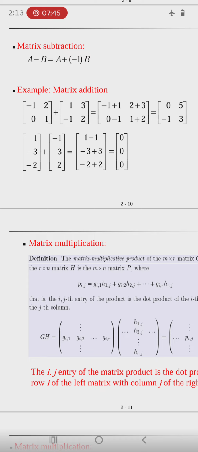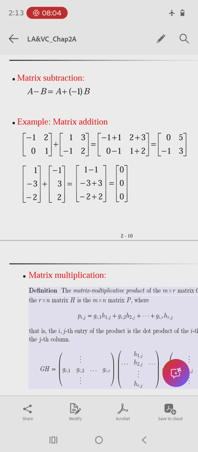Then an example of matrix addition. Two matrices: the first matrix is minus 1, 2, 0, 1, plus the second matrix 1, 3, minus 1, 2. The two matrices are of order 2 by 2, 2 rows and 2 columns, so the same order is given. Then adding the two matrices: minus 1 plus 1, then the first row, second column elements 2 plus 3, then 0 minus 1, then 1 plus 2.